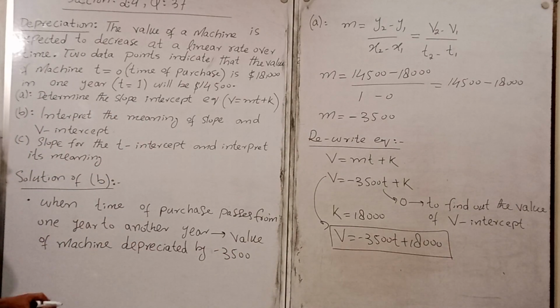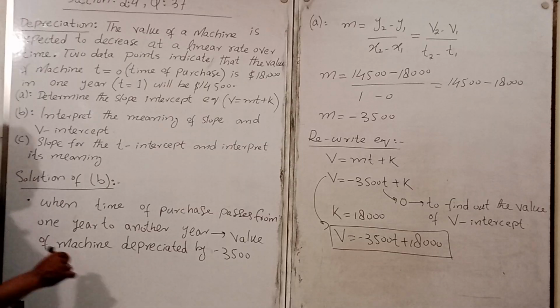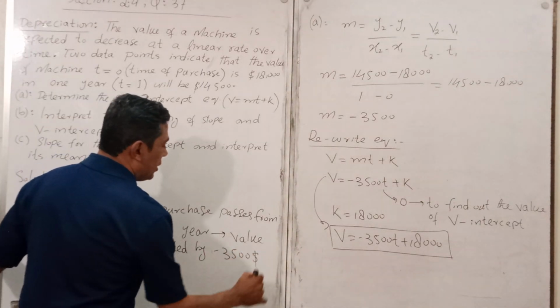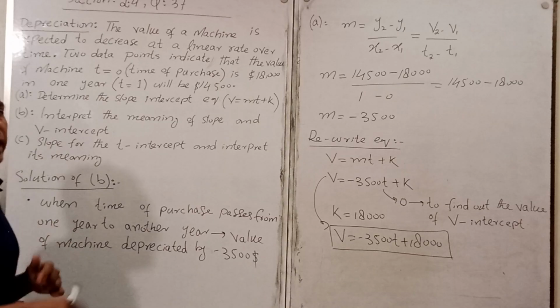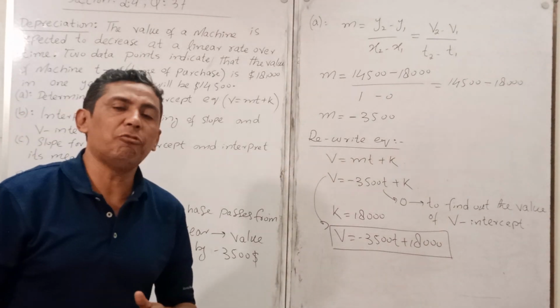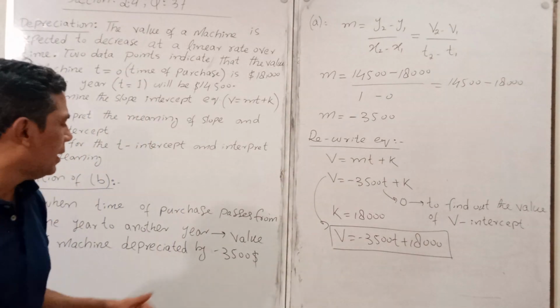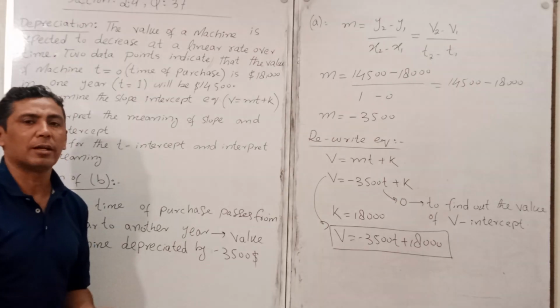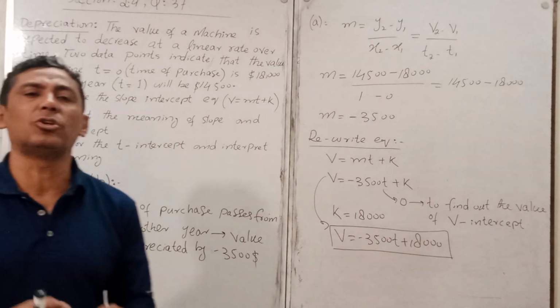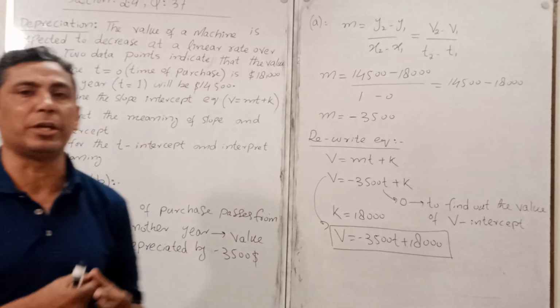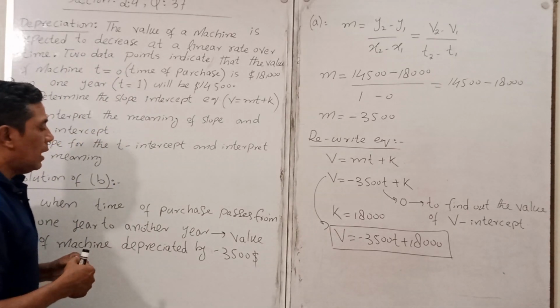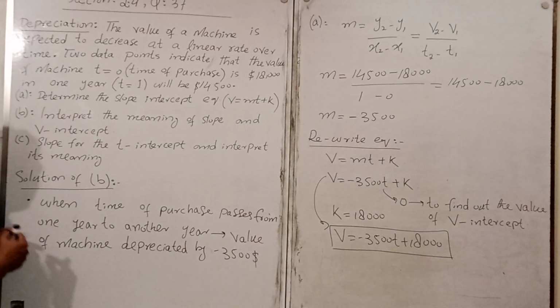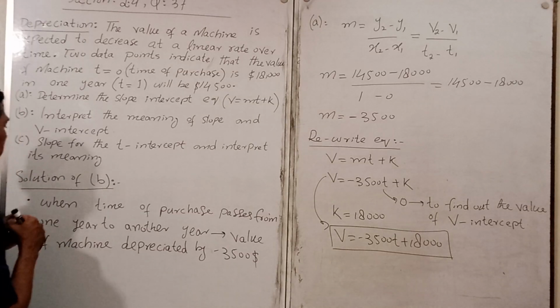Okay, every year the value of machine depreciated by $3,500. हर साल $3,500 से value of machine depreciate हो रही है. Clear? And what about the interpretation of intercept?